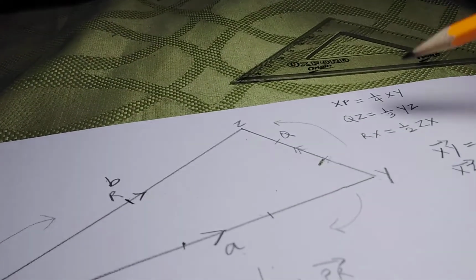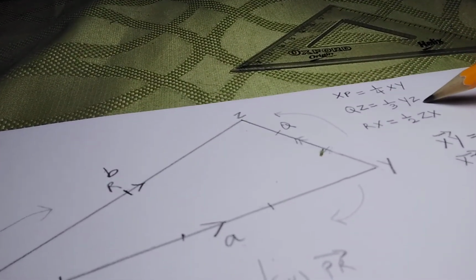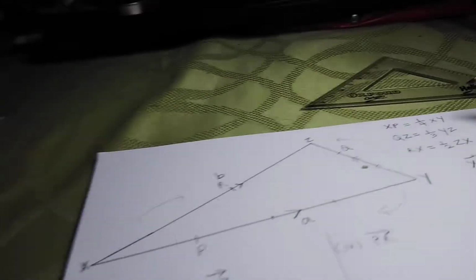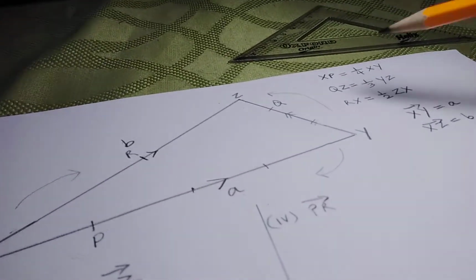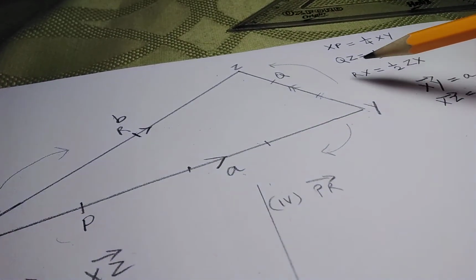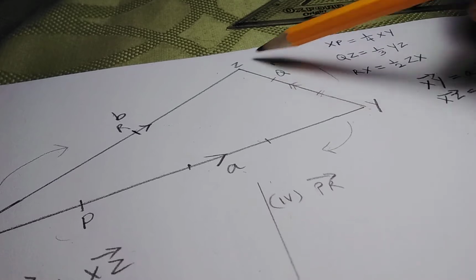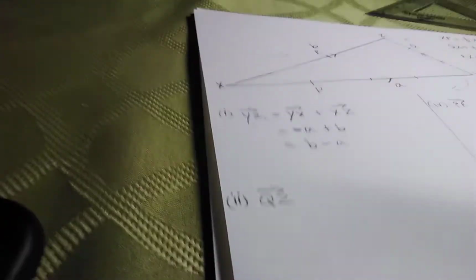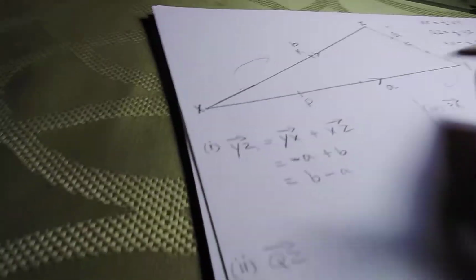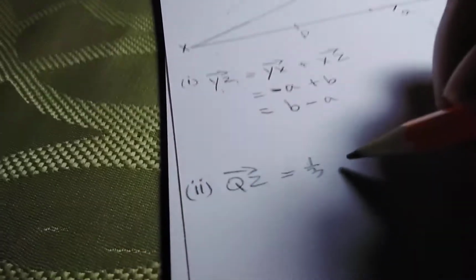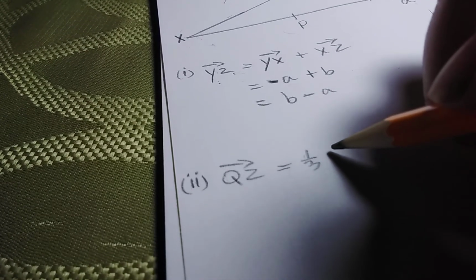QZ. Was any information given to us about QZ? Yes. QZ is 1/3 YZ. We just worked out YZ. So we just need to know that QZ is 1/3 of YZ. So we're going to write that down. QZ is 1/3 of YZ.